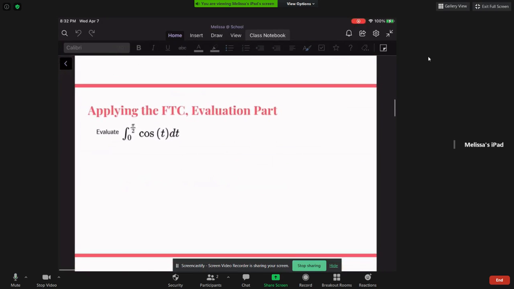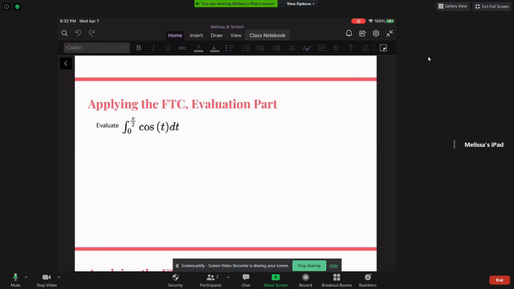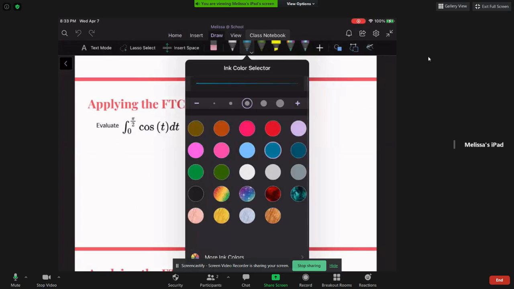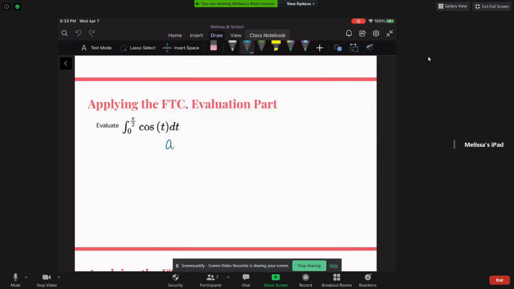All right, so for our first example, we're evaluating the integral from 0 to pi over 2 of cosine of t dt. When we apply this, one of the key parts is that the antiderivative of cosine of t is sine of t.